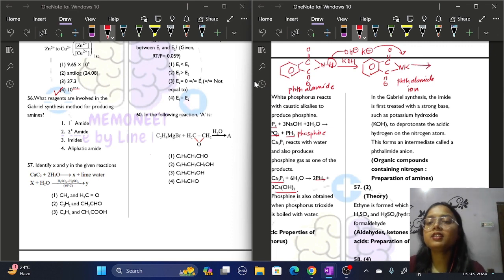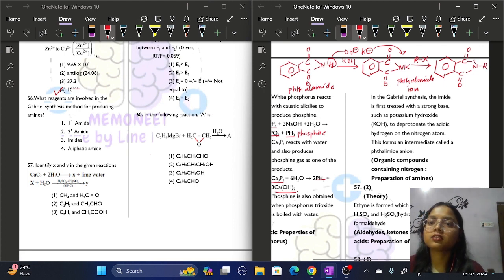So after this, what will happen? Okay, so this is the phthalimide ion, which on reaction with an alkyl halide is converted into an amine.